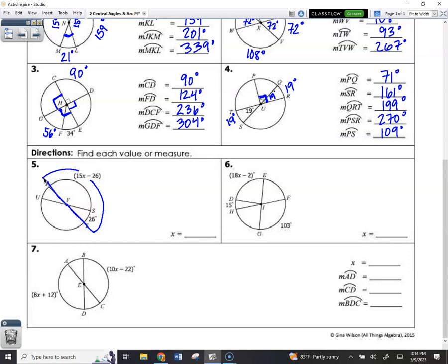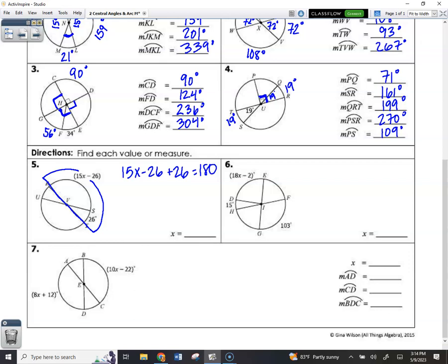What do I know is in that measure? 180. Okay, so what does 15x minus 26 and 26 have to do? Add to equal 180. And that's where you get your equation. They add together to form a semicircle.